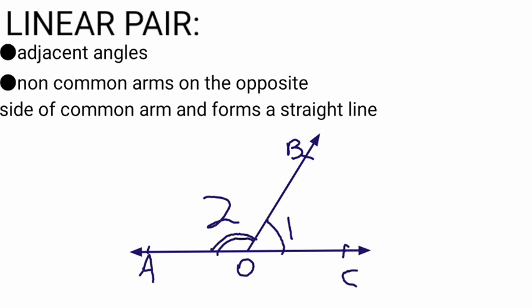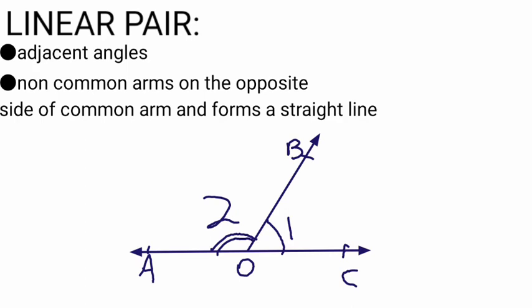Angle 1 and angle 2 are adjacent angles because they have common vertex O and common arm OB, but here the non-common arms, that are OA and OC, are on the opposite side, okay, and they form a straight angle. Look at this diagram carefully. Okay, they form a straight angle.